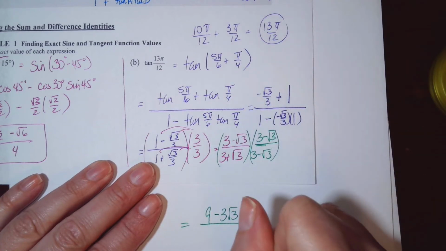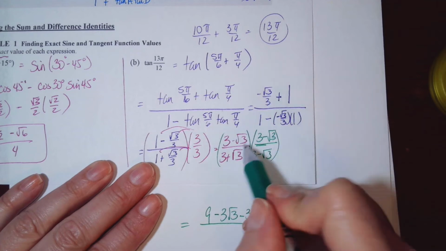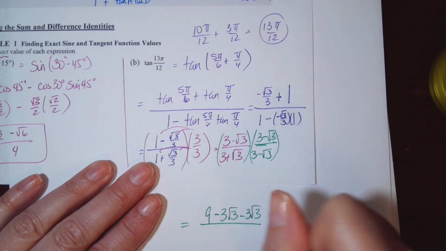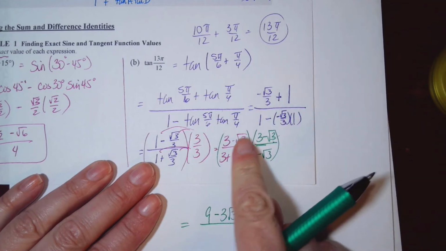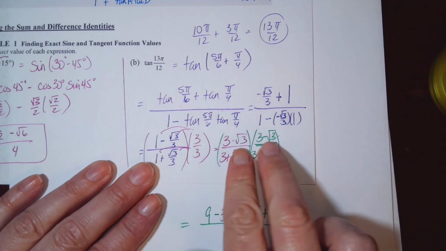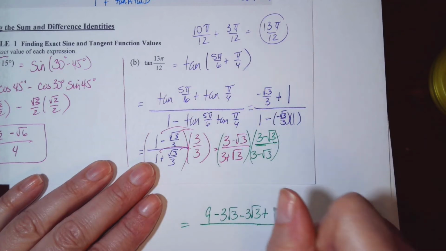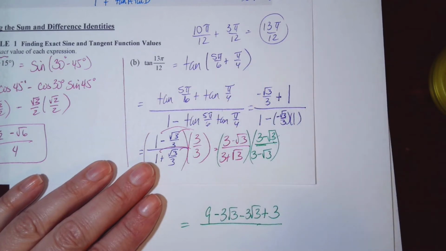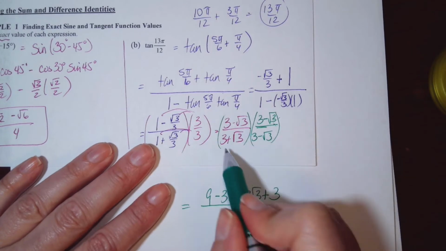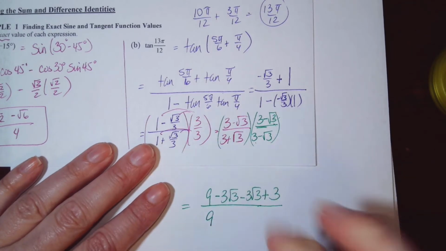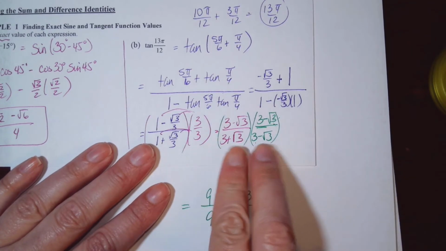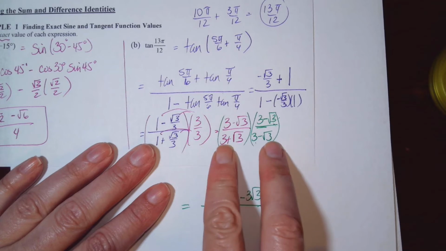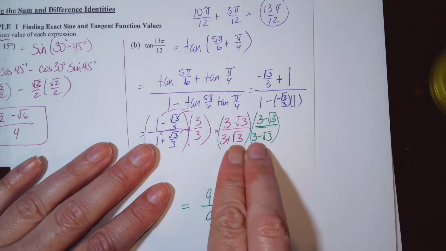My inside product is a negative 3 square root 3. My last product, a negative times a negative, is positive. Square root 3 times square root 3. Square root 3 squared is just 3. So that's my numerator. In my denominator, 3 times 3 is 9. Outside product and inside product are opposites. Negative 3 square root 3, positive 3 square root 3.